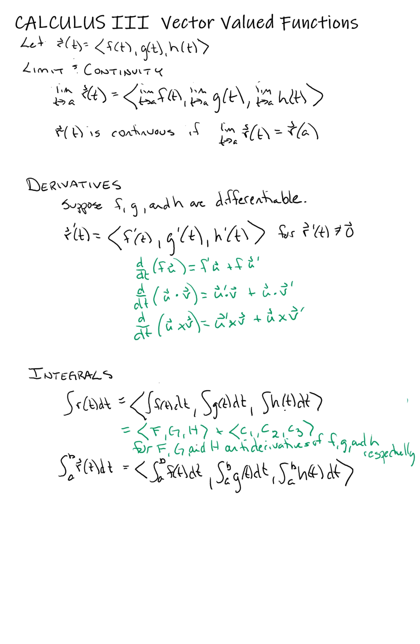And there you go. Notice we always end up with these vectors. Each one of these ends up being a vector. The limit is a vector. The derivative is a vector. The integral is a vector. But again, nothing too earth-shattering, I hope, but quite useful. Enjoy!